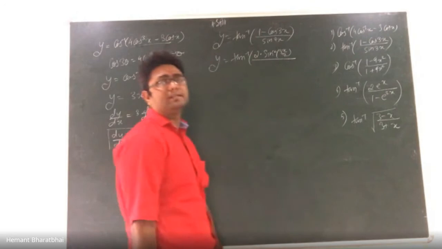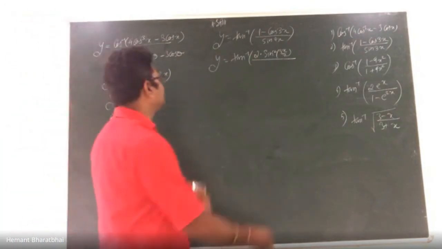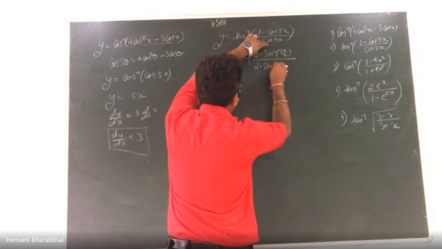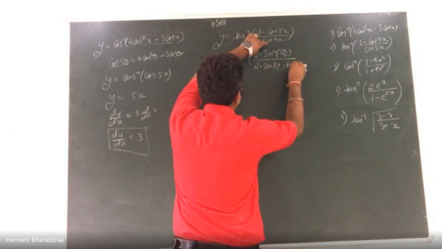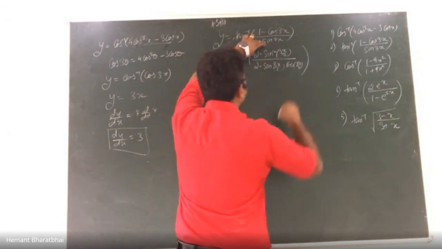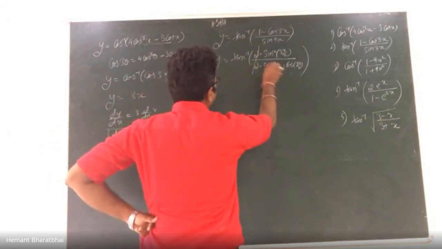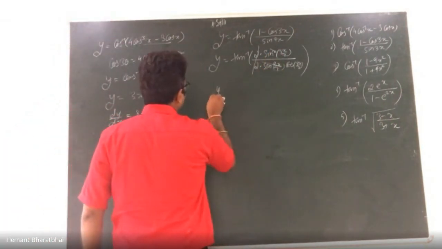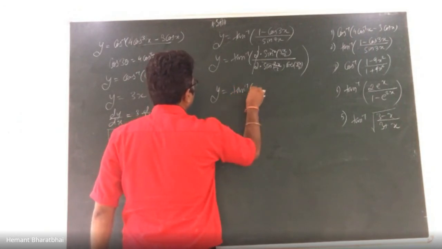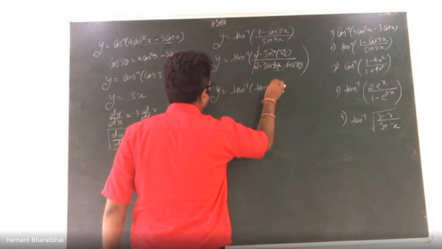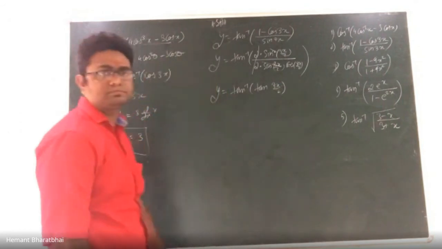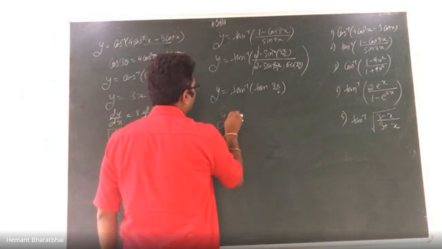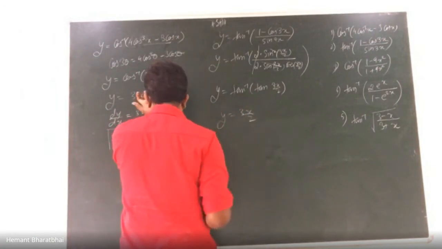Similarly, we know sin 2x is 2 times sin x into cos x, therefore the denominator can be written as 2 times sin of 3x by 2 into cos of 3x by 2. Now this 2 gets cancelled, one sin and one sin get cancelled, and sin by cos is tan. So I'll get y is equal to tan inverse of tan of 3x by 2. Now tan and tan inverse will cancel, and I'll get y is equal to 3x by 2.